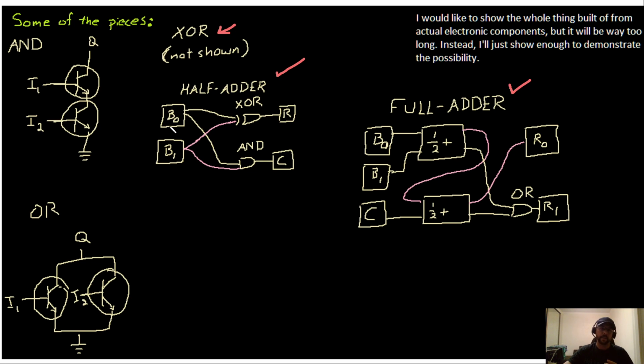And what the half adder says is, so we have this 2-bit number. So this would be B1, B0. And our options there are 0, 0, which is the number 0, 0, 1, which is the number 1, 1, 0, which is the number 2, and 1, 1, which is the number 3.